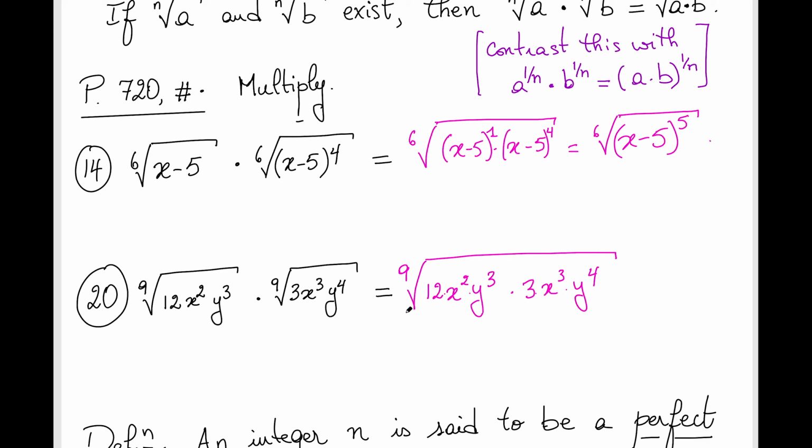All right. And so now we can perform the product before we perform the 9th root. So this is the same then as the 9th root of 12 times 3 is 36. x squared times x cubed, it's the same base, so we keep the base and we add the powers. 2 plus 3 is 5.